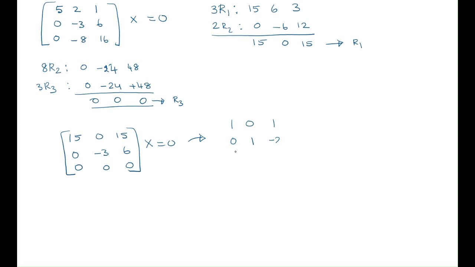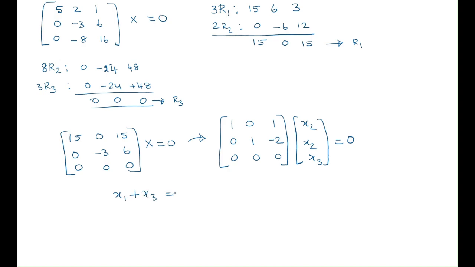So you have 0 0 and 0. This multiplied with x1, x2, x3 equal to 0. Now if I multiply, I have x1 plus x3 being 0, and then the second one, it is x2 minus 2x3 is 0.